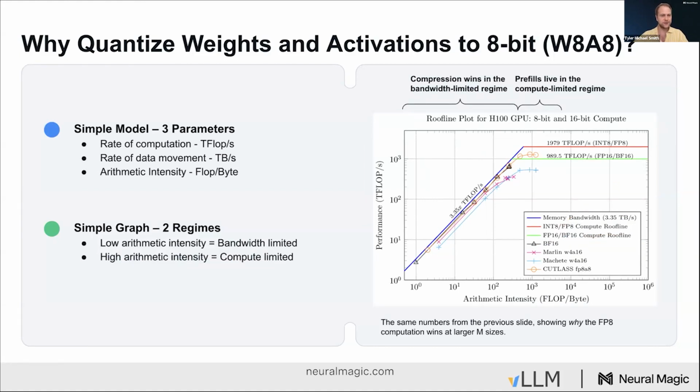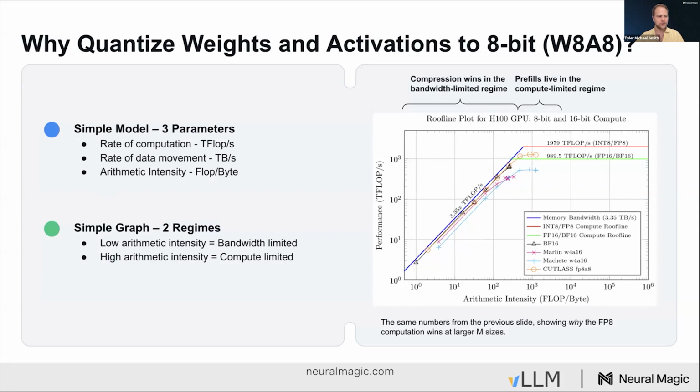This is the rate of computation, which is teraflops per second, so trillions of floating point operations per second. Another is the rate of data movement, which is another machine parameter, that's terabytes per second. And the third is arithmetic intensity. And arithmetic intensity is a property of the algorithm that you're running on the hardware, and that's in terms of flops per byte.